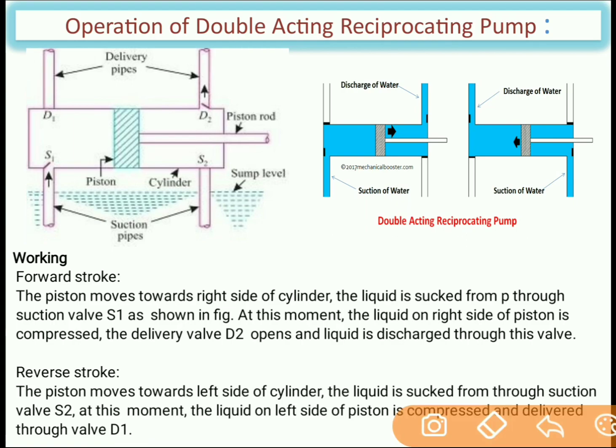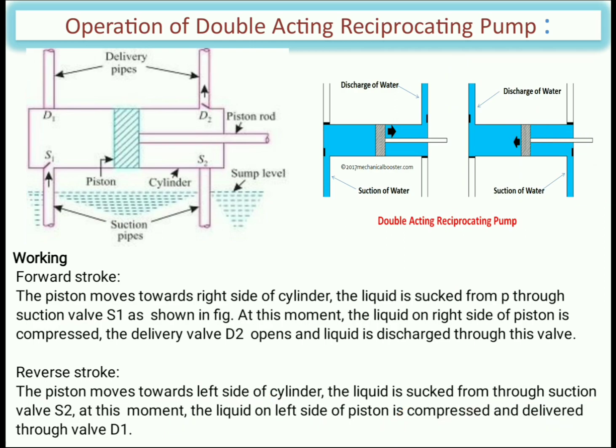Now in the reverse stroke, the piston will move towards the left side of the cylinder, so liquid will get sucked through the valve S2 at this moment, and the liquid on the left side of the piston will get compressed, and because of the compression this delivery valve D1 will get open and the liquid will transfer through the delivery pipe to the delivery tank.